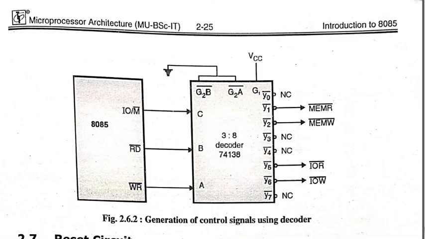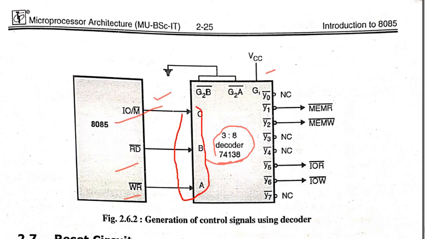So here is the 3:8 decoder, that is IC 74138. Total connections which are used in the 8085 microcomputer system: here 3 signals, IOM bar, RD bar, WR bar, which are active low signals, are the inputs, because the decoder has 3 inputs and 8 outputs.